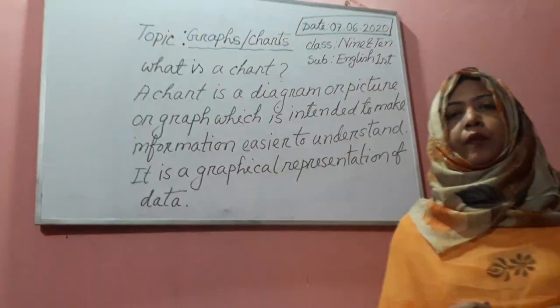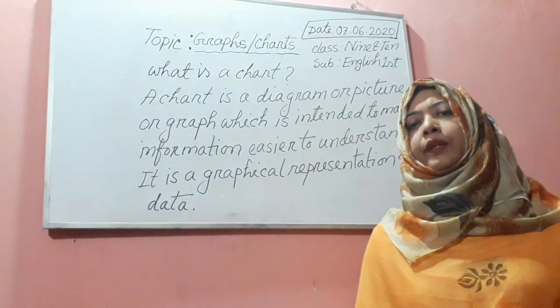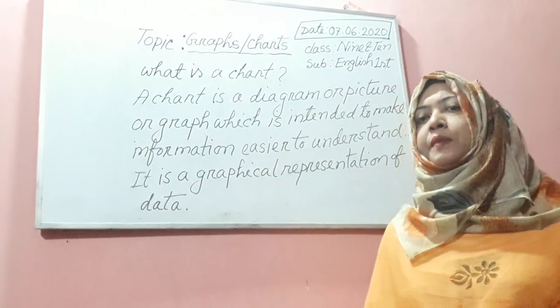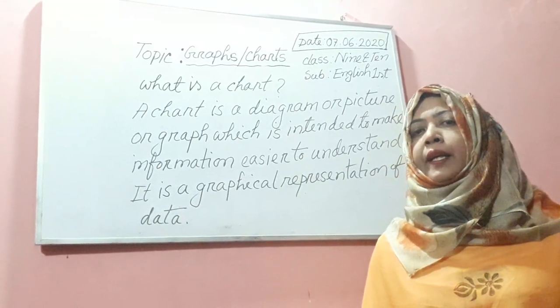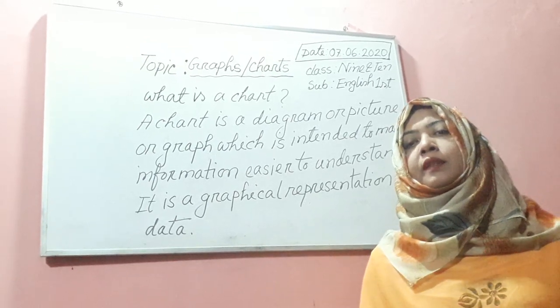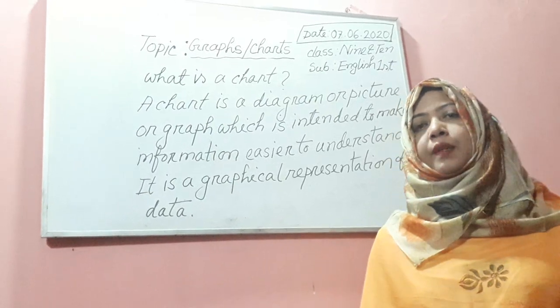For your more information, graphs and charts are often used to summarize data. Sometimes graphs and charts can be easy, sometimes they can be quite critical, but you will have to present their details as easily as possible.